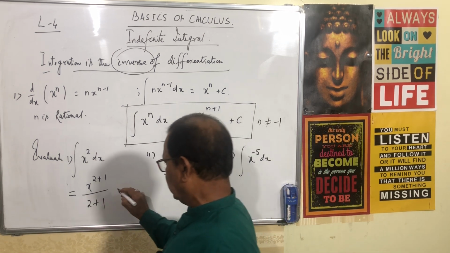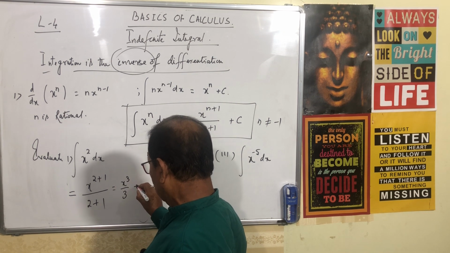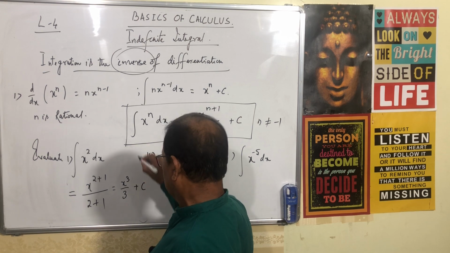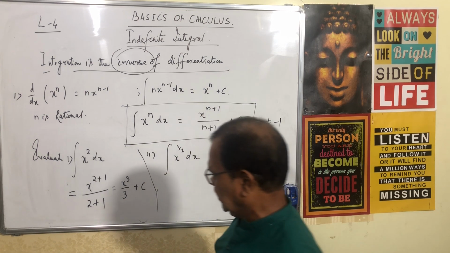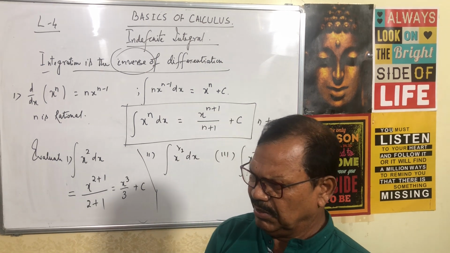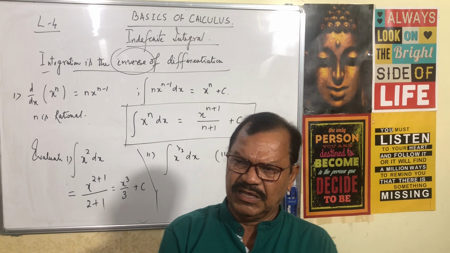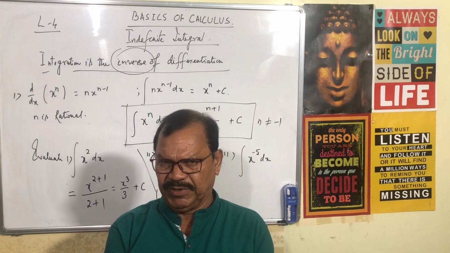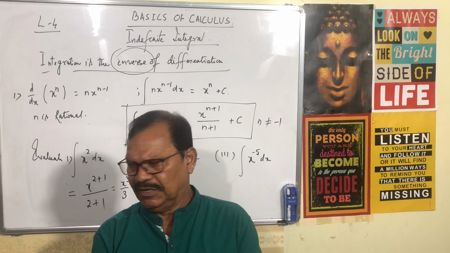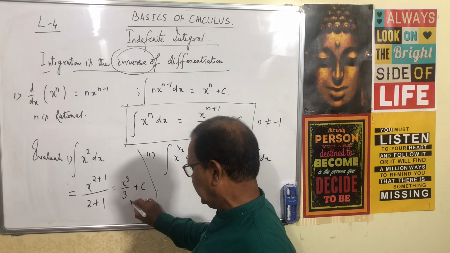So this is x to the power 3 upon 3, and do not forget to add the constant here, because in physics it is totally based on the theory and practical situation. So C can be obtained from the initial conditions. Some condition must be given to find the value of C. So x to the power 3 by 3 plus C is the answer here.